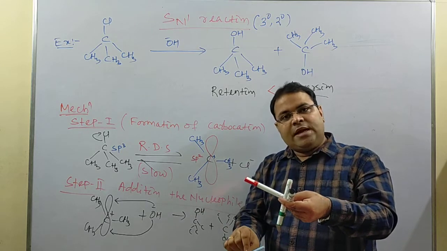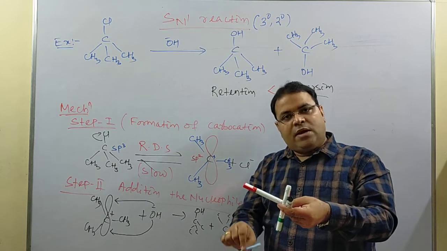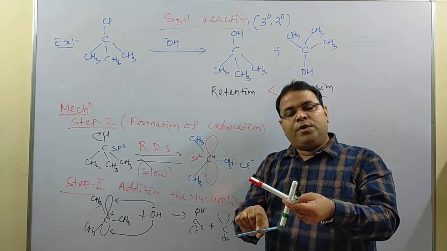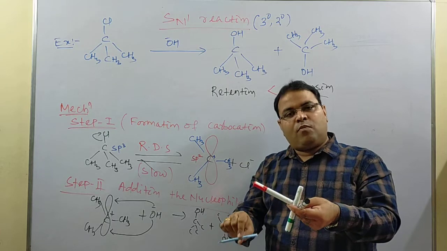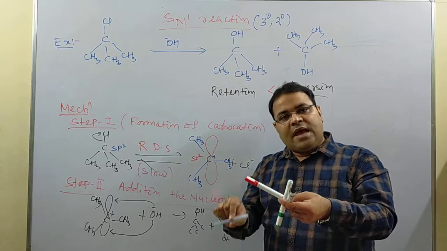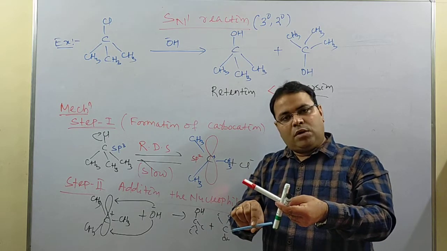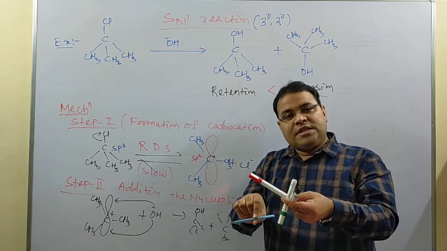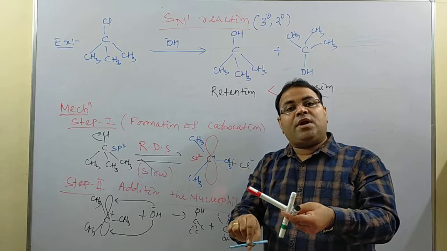But since it is present at the below side, definitely it is closer to the lower lobe, so there is more probability that it can attack the downside lobe. So if it attacks through the downside lobe, then more inversion product is formed.